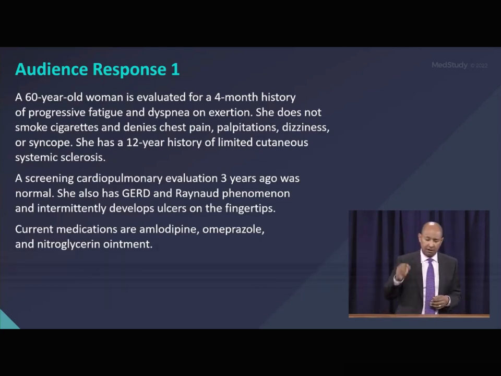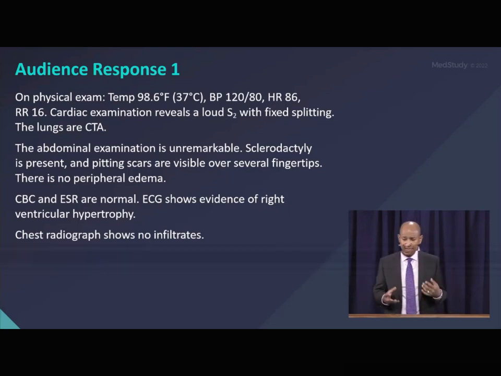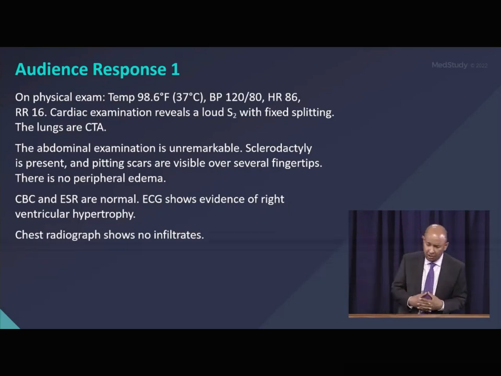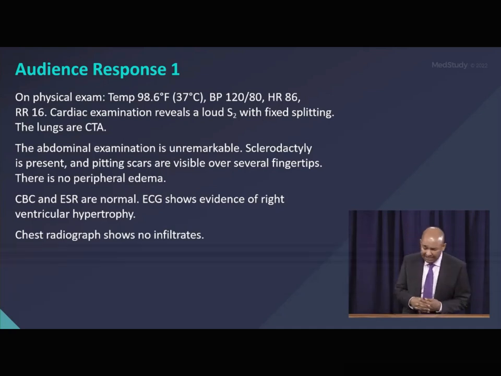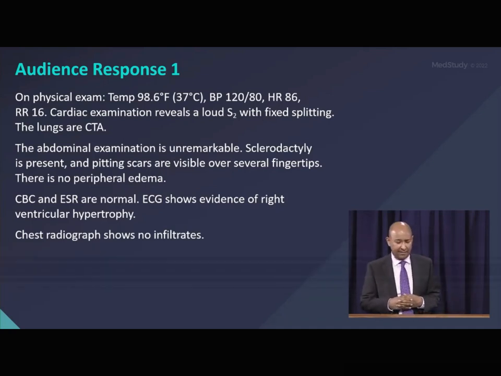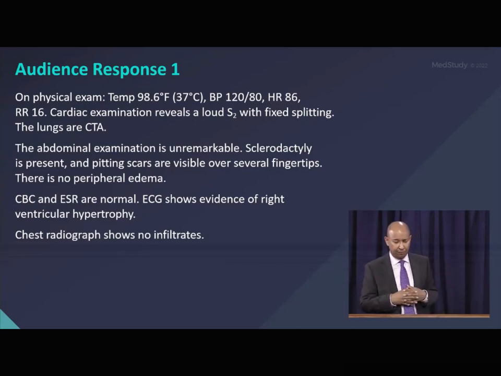Her current meds are a calcium channel blocker, amlodipine, a PPI, omeprazole, and probably some nitroglycerin ointment for those Raynaud's. On exam, she's afebrile, normotensive, not tachycardic, not tachypneic. Cardiac exam reveals a loud S2 with fixed splitting. Lungs are clear to auscultation. The abdomen is unremarkable. Sclerodactyly is present, and pitting scars are visible over several fingertips, and there's no peripheral edema.